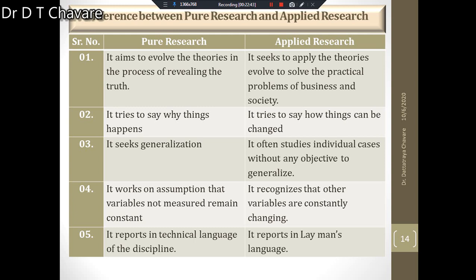And applied research reports in layman's language. Technical language is not used. Layman's language is used in applied research. In this way, there are 5 points, and with the help of these 5 points you can explain the difference between pure research and applied research.